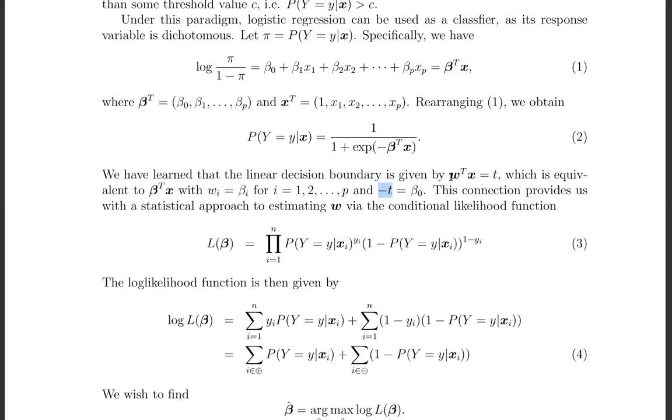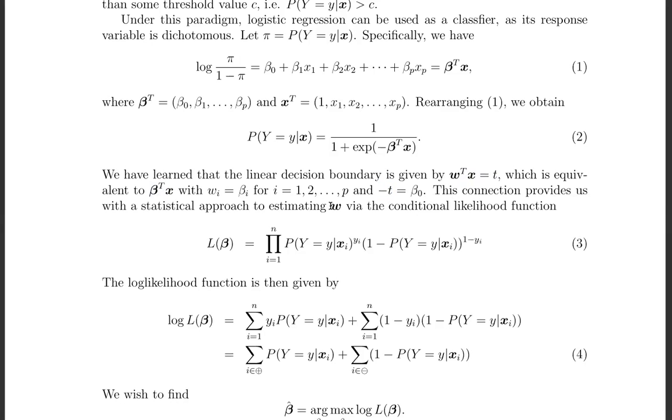So basically this is W transpose X minus T equals 0. So your minus T is basically your beta naught. You can actually write it out to see it more clearly.